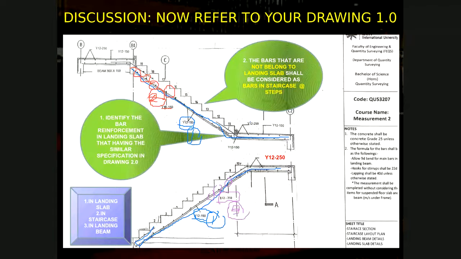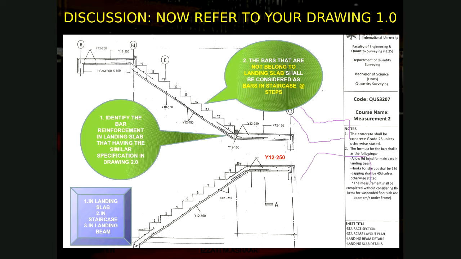So as the summary, if I repeat what we have discussed before, you can see here, number 1, in the landing slab, we have something like this, something like this, and this one, and this one.